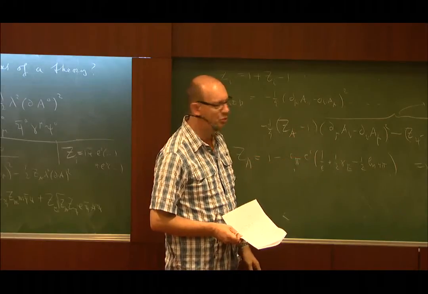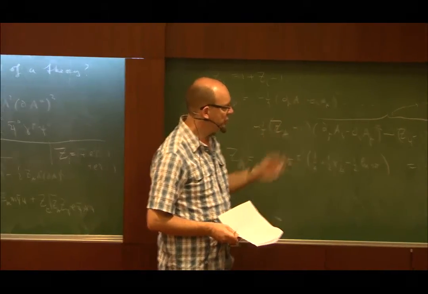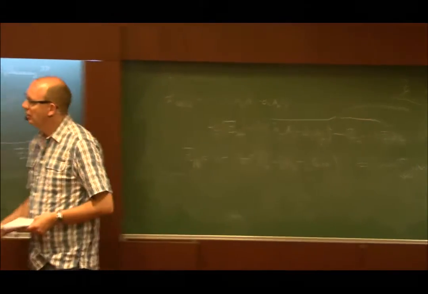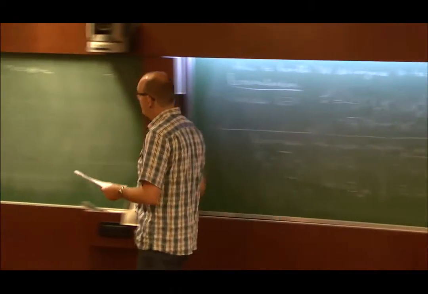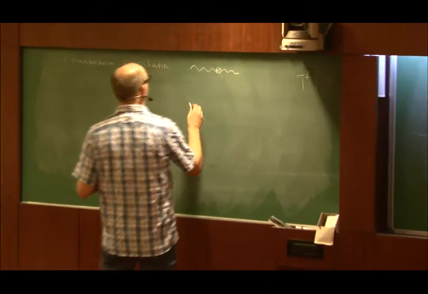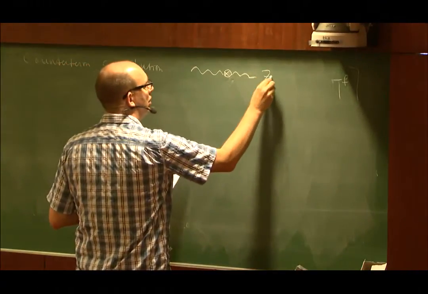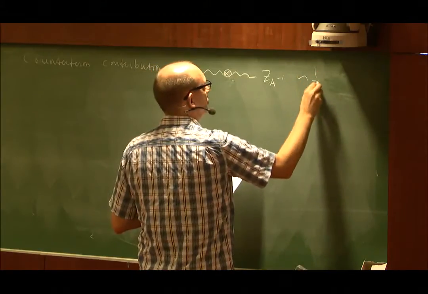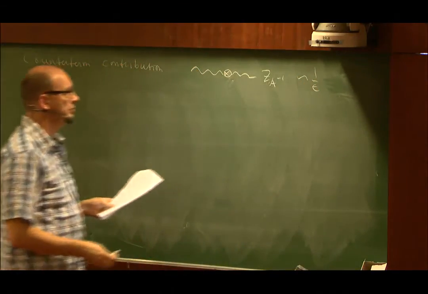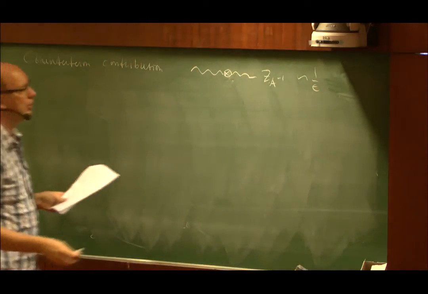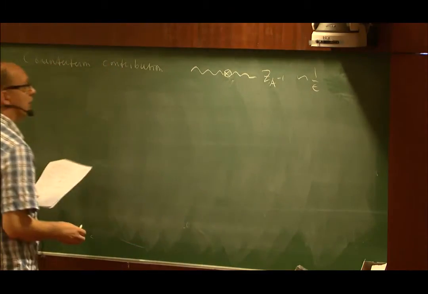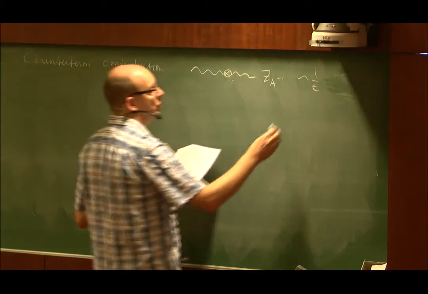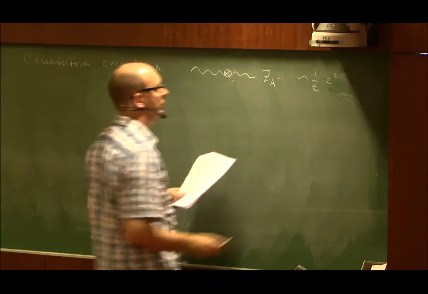A bit unusual, but that's what you typically do. And this is proportional to Z_A minus 1. And this is proportional to 1 over epsilon, at least at lowest order, times e squared.